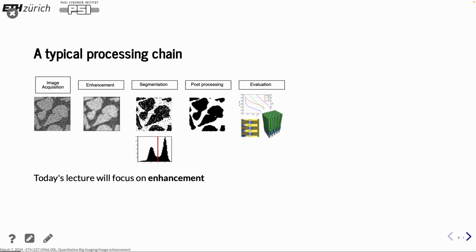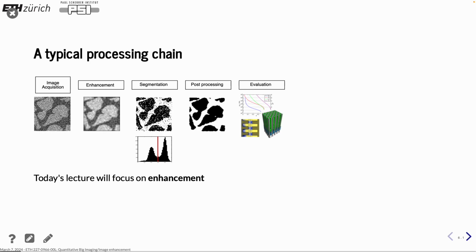So we have a typical image processing chain. We first acquire some images, then we do some enhancement, segmentation, post-processing, and finally we have the evaluation. We are just focusing today on one of these first steps, to enhance the images.